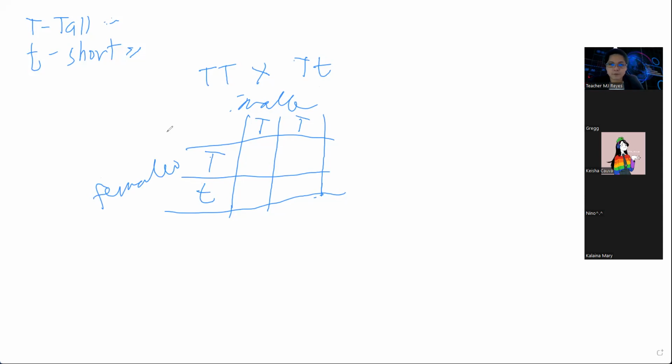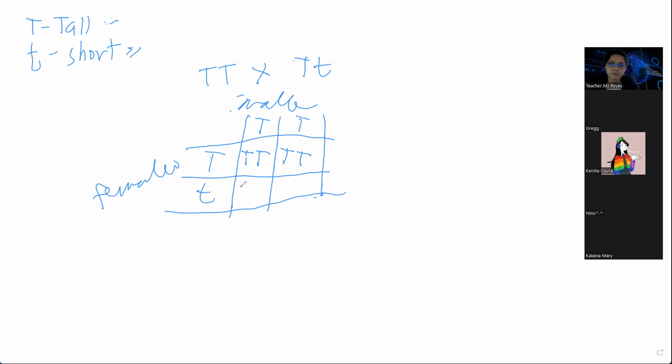So male has given a dominant allele tall, and the female has given dominant allele tall. As you can see, we have heterozygous tall. Male had contributed dominant allele tall, and the female has contributed dominant allele tall. So we have, again, a heterozygous tall.